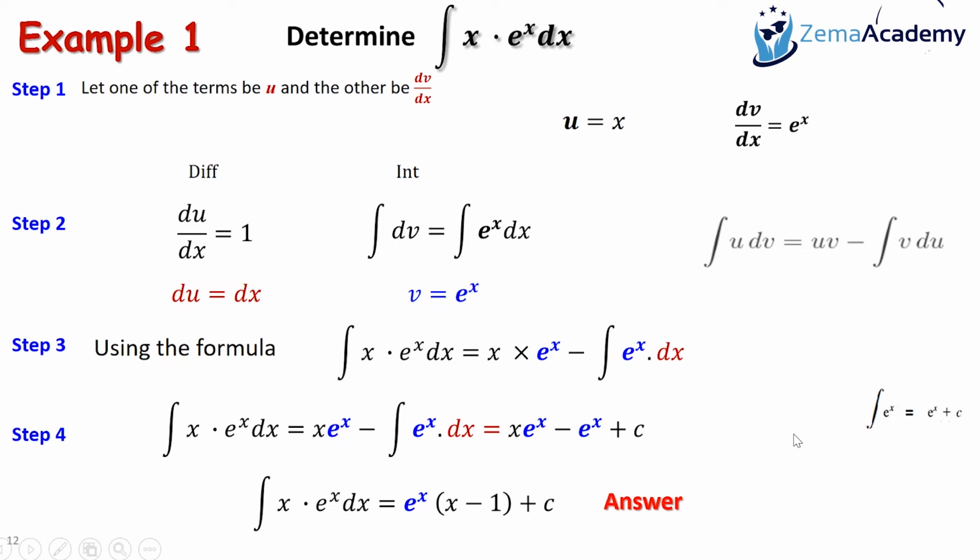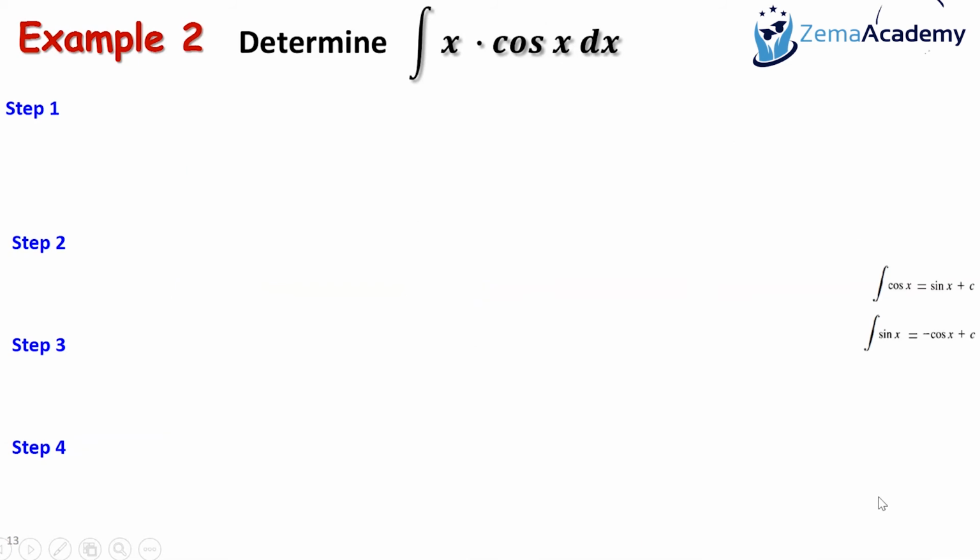Let's do another example. We'll continue to do these examples so you will become clear how to use this integration by parts. Now in this example, by now you should be able to know that x is the algebraic function and cos x is the trigonometric function.